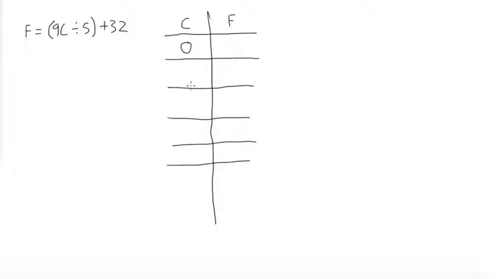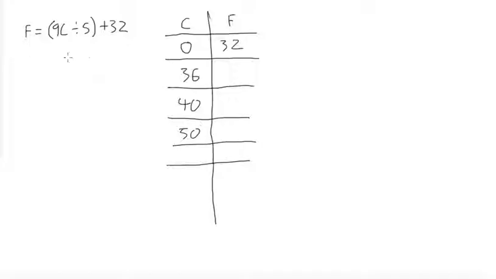You're like, okay, what is it in Fahrenheit? Then 36 degrees Celsius, what is it in Fahrenheit? 40 degrees Celsius, what is it in Fahrenheit? 50 degrees Celsius, what is it in Fahrenheit? If we replace this number with the C over here, it's 9 times 0 equals 0, divided by 5 is 0. So 0 plus 32 is 32.